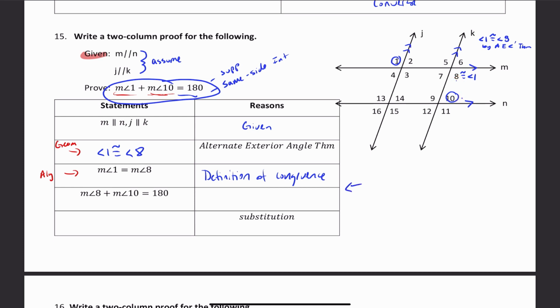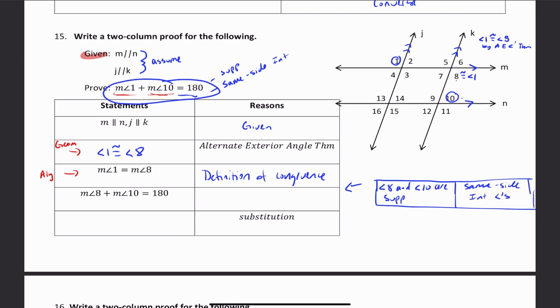So right here, for the statements, we should say that angle 8 and angle 10 are supplementary by the same side interior angles, right?